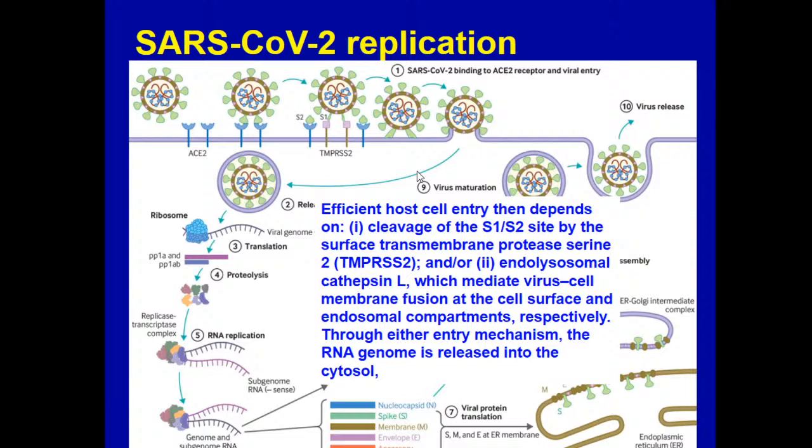So what does it mean? It means that by now we think that it may enter by 2 routes: direct fusion with the cell membrane, or it can be uptaken through receptor-mediated endocytosis as a whole virus into the endosome, and then endosomal membrane lysis will occur.